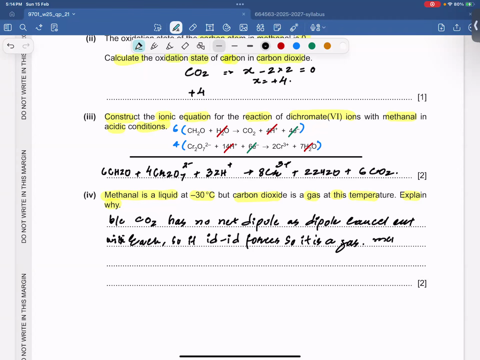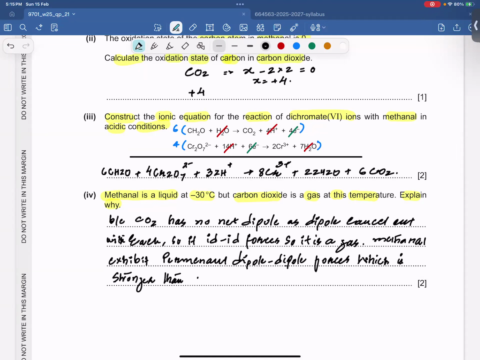Methanol exhibits permanent dipole-dipole forces, which are stronger than instantaneous dipole induced dipole forces.